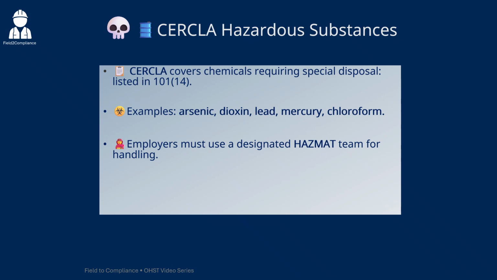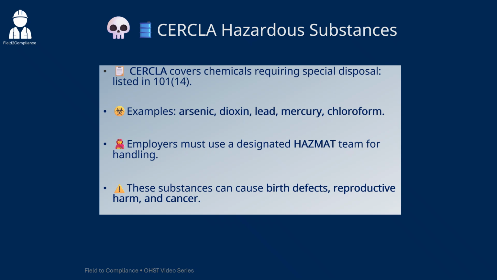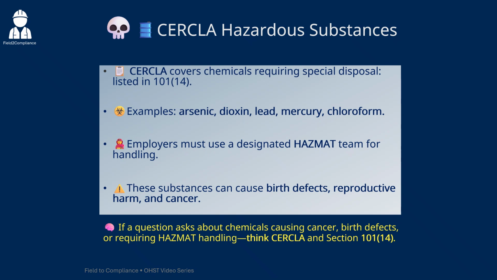Some of the most toxic substances on industrial sites, because of the serious health risks like birth defects, reproductive harm, and cancer, employers must use trained hazmat teams. Bottom line, CERCLA is about long-term protection for the environment and for human health. If you see a question about cancer, birth defects, or chemicals needing hazmat handling, think CERCLA and Section 101.14.